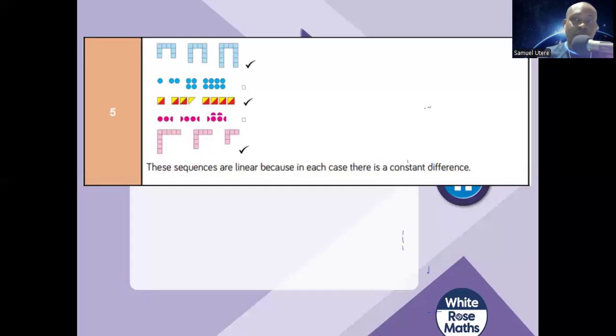But if it's a non-linear sequence, you see that the line is curved, right? And then if you check the numbers, you will see that for a linear sequence, you will have a constant difference. But for a non-linear sequence, you don't have a constant difference. So the numbers that you get when you check how you get from one term in the sequence to the next term won't be constant. It won't be the same.